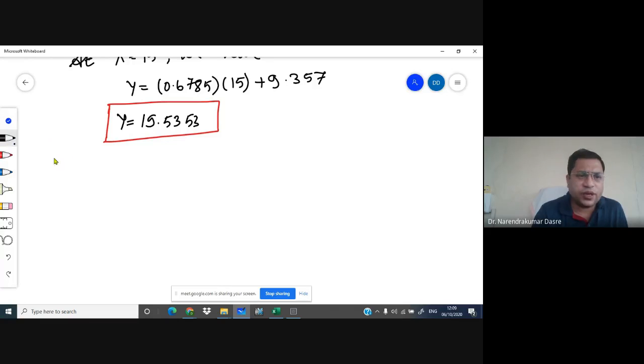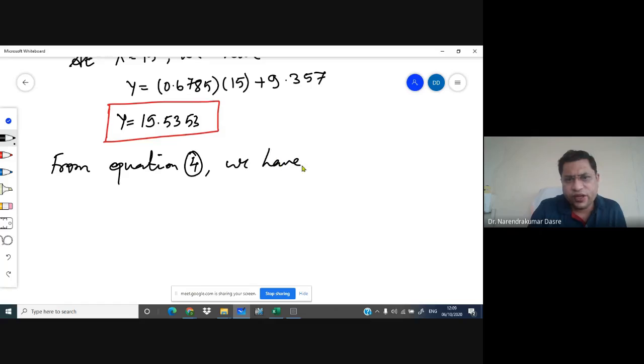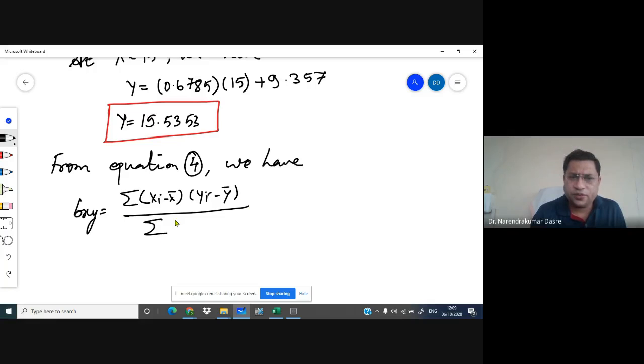Now next we have another line of regression. From equation 4, we have to find the regression coefficient first. So we'll be having bxy now. It is summation xi minus x bar into yi minus y bar, upon summation yi minus y bar square.